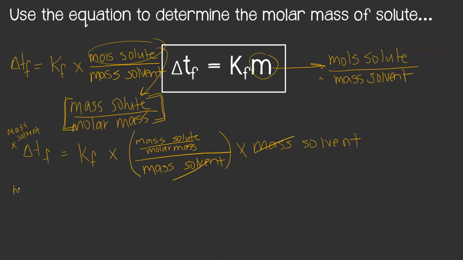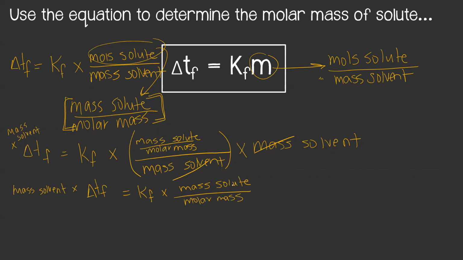So now I'm left with mass of solvent in kilograms times delta TF equals KF times mass of solute over molar mass of solute. So I'm getting closer.